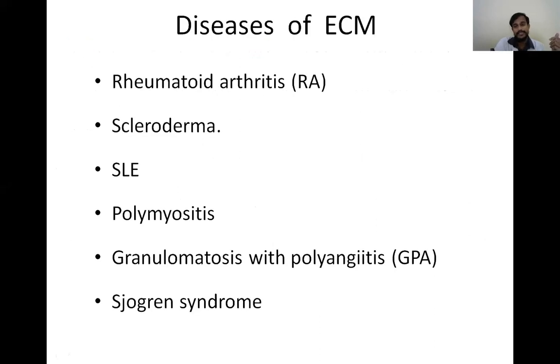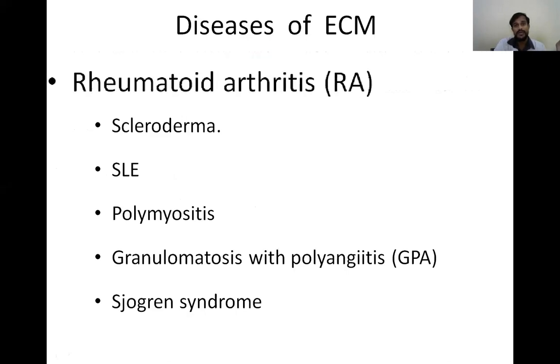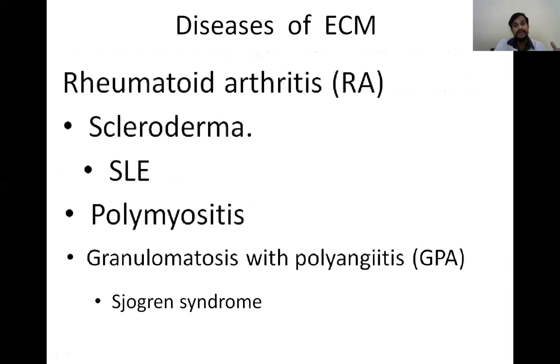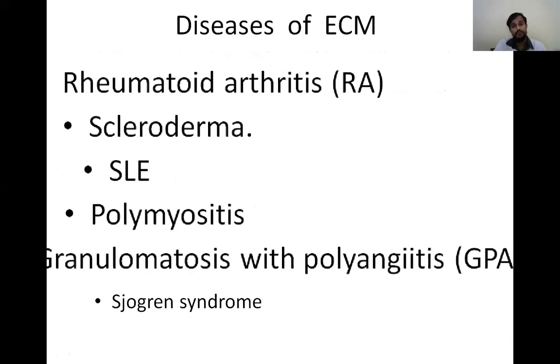And coming to the diseases of the extracellular matrix, the diseases may affect the different components of the ECM. That is rheumatoid arthritis, scleroderma, systemic lupus erythematosus, polymyositis, granulomatosis with polyangiitis, Sjogren's syndrome.